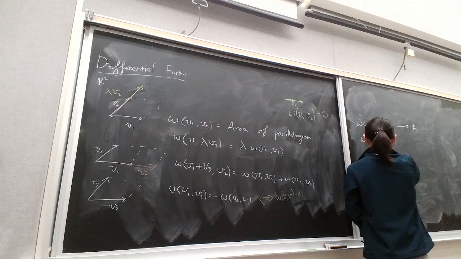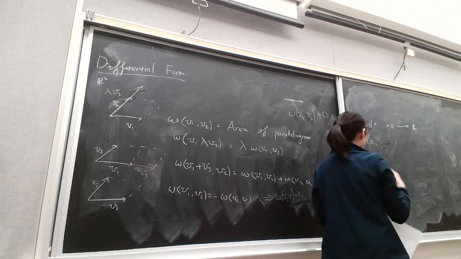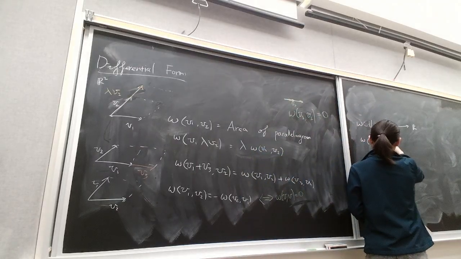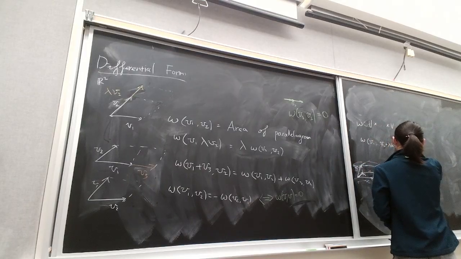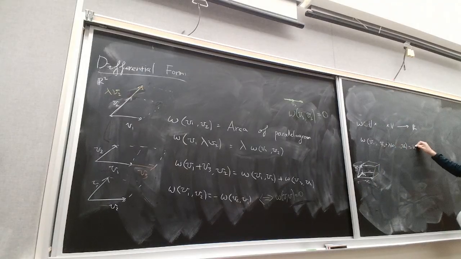We want it to be linear in each entry, so omega of V1, up to Vi plus lambda times W, up to Vn is equal to omega of V1 up to Vn plus lambda times omega of V1, up to W, up to Vn, for all i.